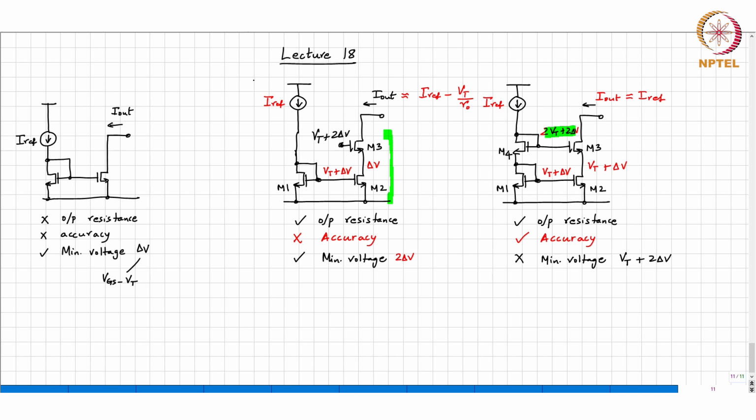So basically what you need to do is take another current source which is Iref and use a device which is M4, which is 1/4 of M1.